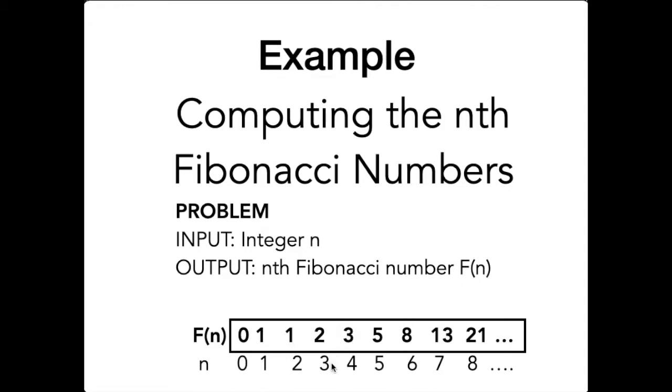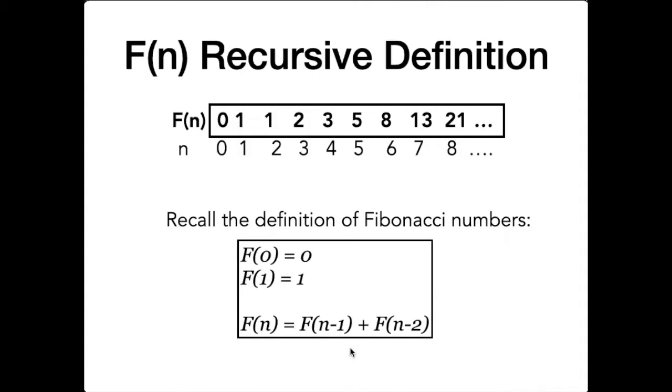Okay, so the output should be 2. Or if our input is 4, then the output should be 3. By definition, this Fibonacci sequence is defined by a recursive function with base cases and the general definition of F of n.